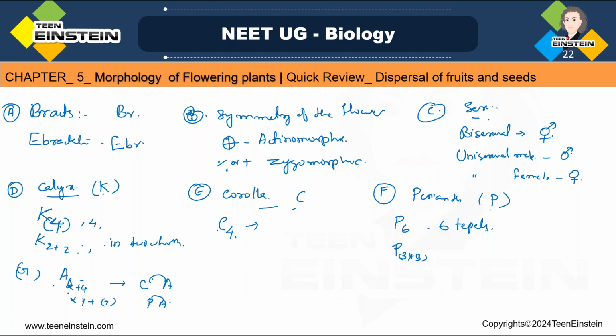We are connecting to the corolla symbol, C. That means epipetalous, it is attached to the petals. And epiphyllous, here you can see it is connected to the perianth. That means epiphyllous, we'll tell.